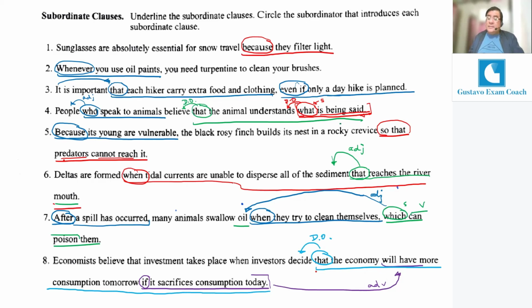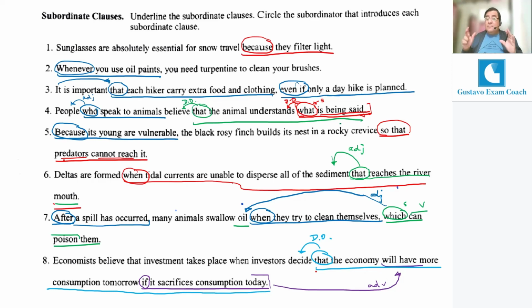But now we see that decide and what follows is actually part of another clause because it has a subject, investors. Investors decide that the economy will have more consumption tomorrow if it sacrifices consumption today. Okay, investors decide and the rest could stand alone as an independent clause.